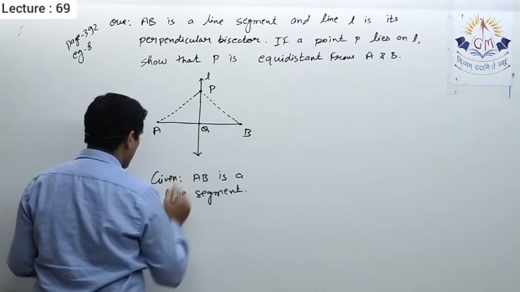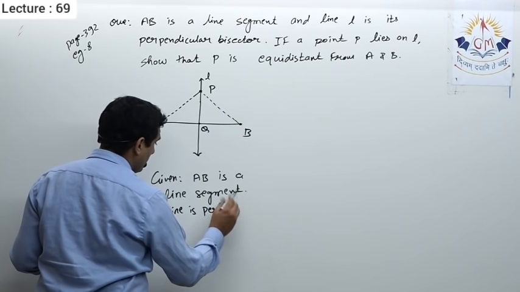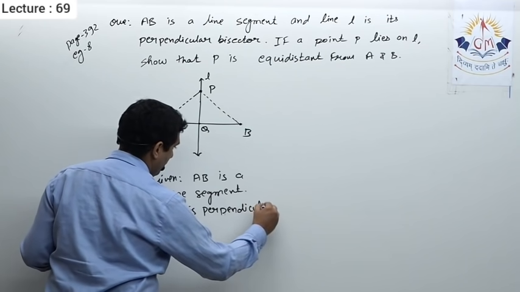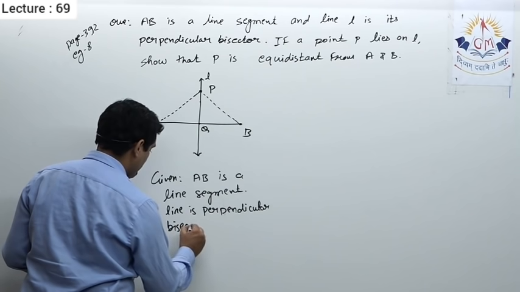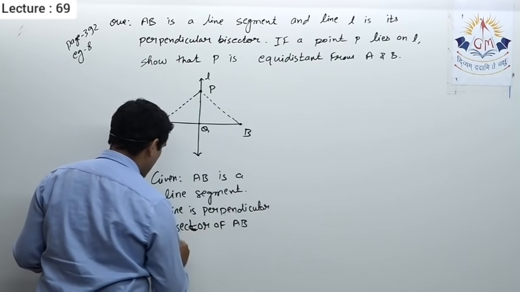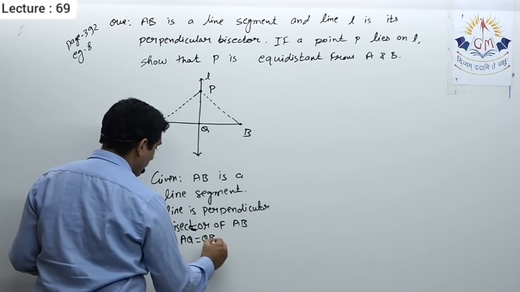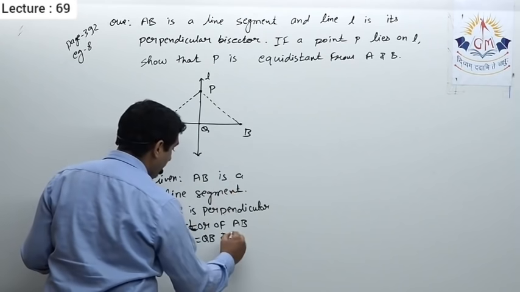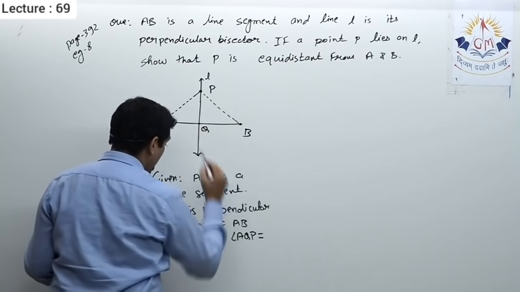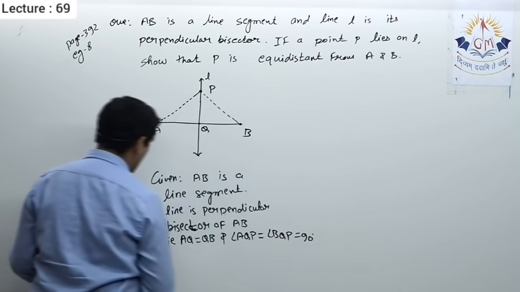Suppose this point is Q. So here it is given line L is perpendicular bisector of AB. That is AQ equal to QB, and angle AQP is equal to angle BQP is equal to 90 degrees.